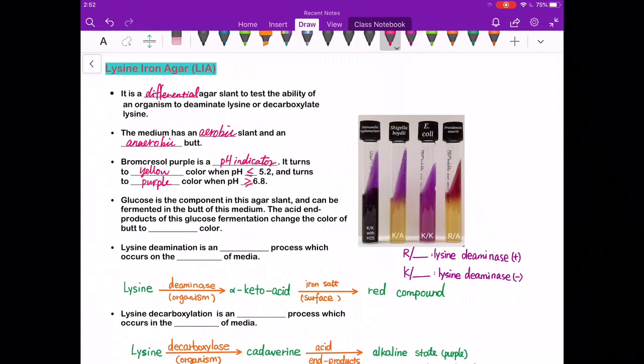The glucose is a component in this agar slant and can be fermented in the butt of this medium. And the acid end products of this glucose fermentation change the color of the butt to yellow, which we just mentioned here. When the pH decreases, the color will turn to yellow.